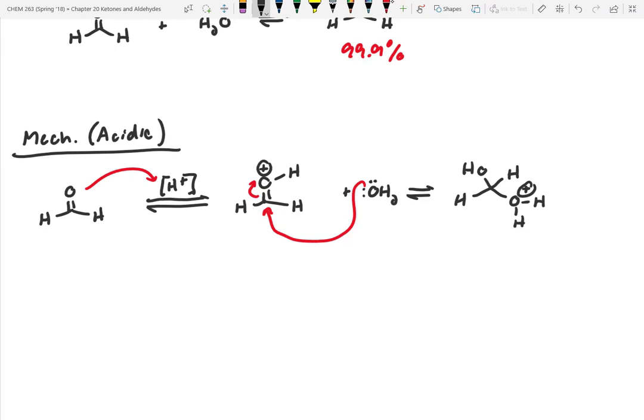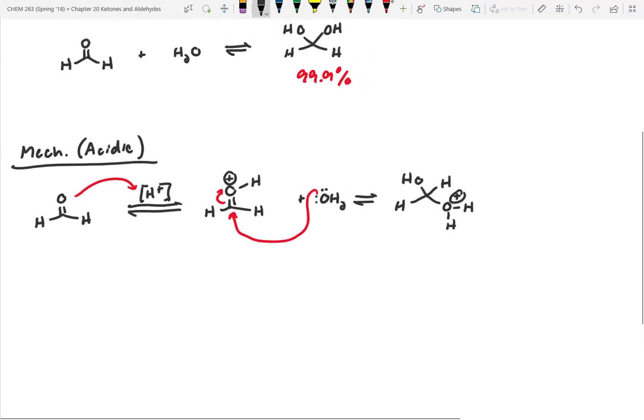Which is good because we know under acidic conditions we want to avoid negative charges. And then in the next step, typically we're trying to drive the reaction to completion, so we have excess water around. So water can deprotonate, or you can just write minus H plus, to get to your final hydrate.